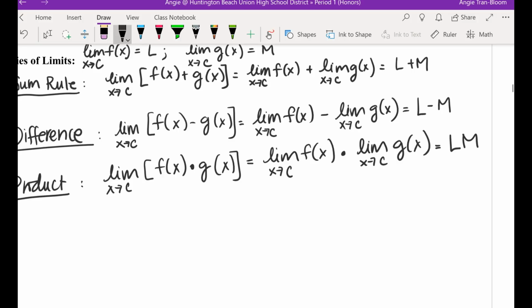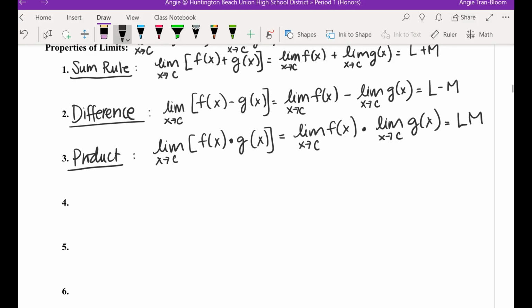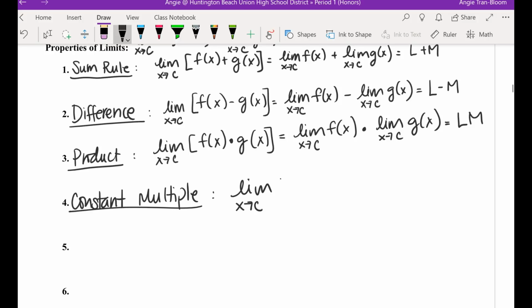Then you can also have the constant multiple. So what does that mean? If you have the limit as x approaches c of some constant, let's call it k, times your function f of x, this is the same thing as just taking k times the limit of f of x as x approaches c.